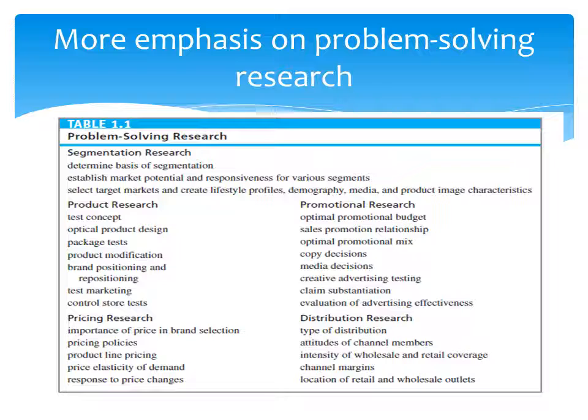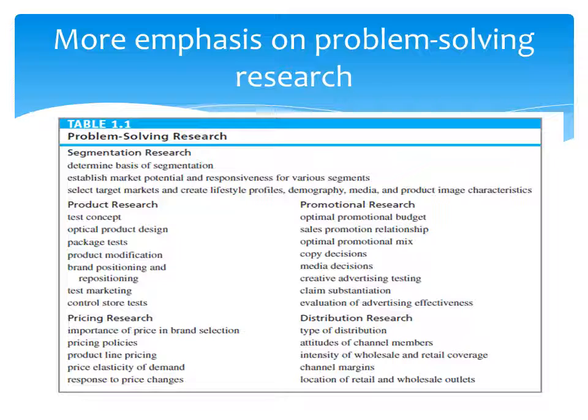Here in this table, there are many different examples for problem solving research. There are examples in segmentation, like selecting the target markets and creating lifestyle profiles. Here is one example in product research, like package tests, and an example in pricing research, like product line pricing.